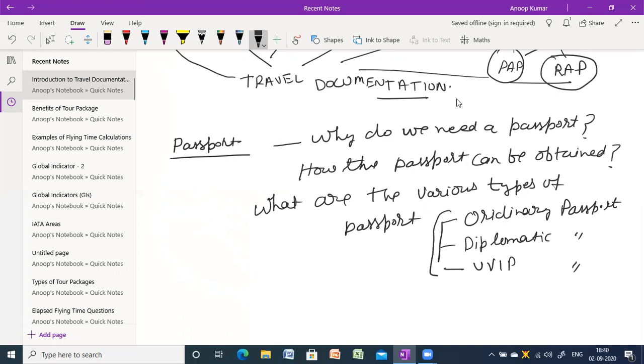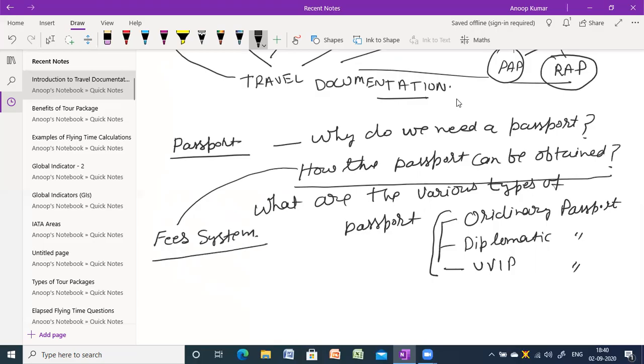Then how can the passport be obtained? We will discuss the detailed procedure. We will study the fees system of the passport, what the various fees are for adult, child and minor. Then the passport can be applied for in a normal process, or in a tatkal process.